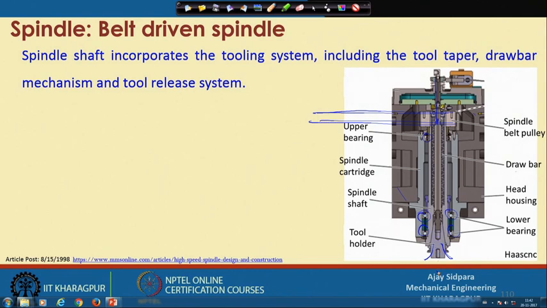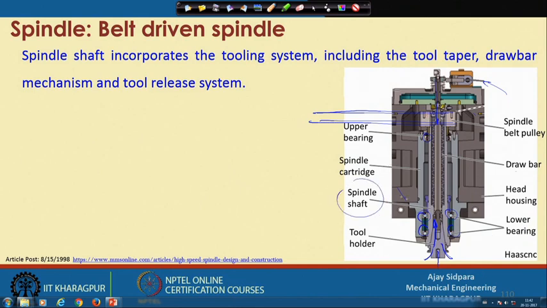So, you can remove the tool down, and when you retract it, you mount one tool here and let it go inside. Once it goes inside, it will again grip that particular tool. So, that is called the drawbar.